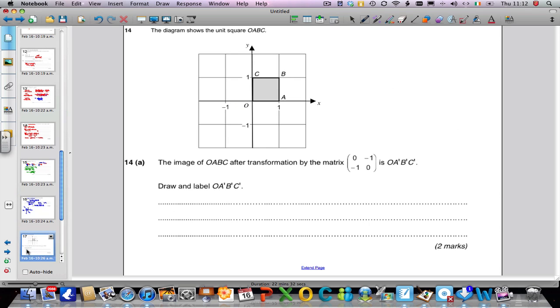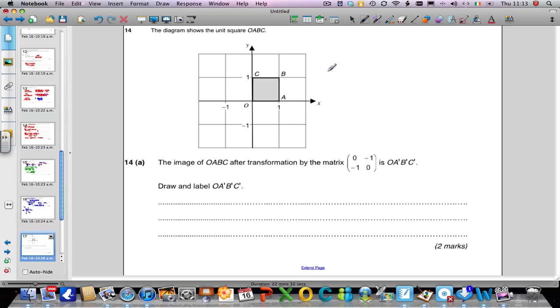Okay, question 14, matrices. So we're given the unit square OABC, and we're asked to draw and label OA'B'C', which is the image after it's been transformed by this matrix.